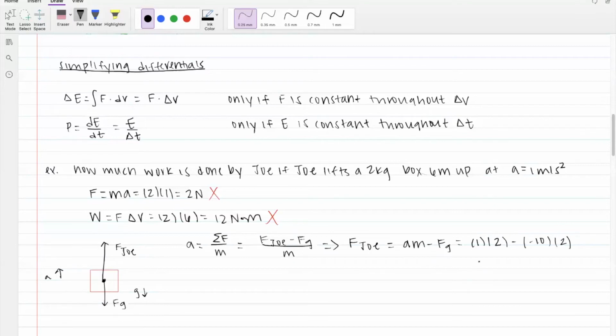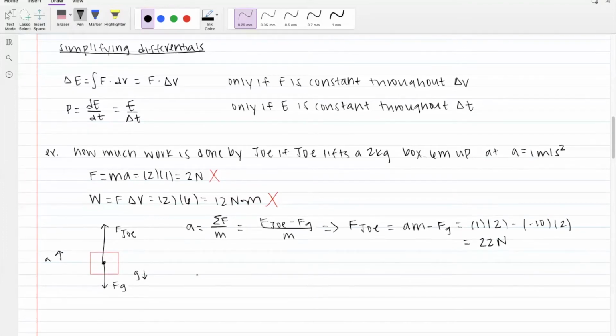So this reduces down to 22 newtons, which is very different from the 2 newtons that most people will calculate. Then your work is equal to F times delta R, which is equal to 22 times 6, which is equal to 132 joules. This is a very common problem to have, especially in the multiple choice, is forgetting this F of G.